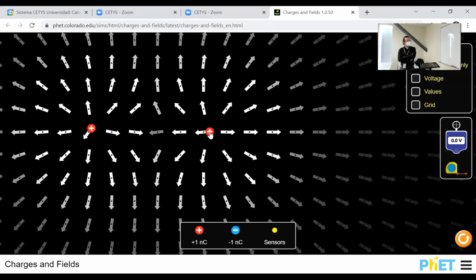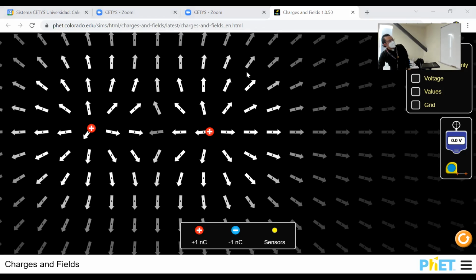They have a line that separates them. Yes, and why is that imaginary line happening? Because equal signs repel. So basically, we're talking about the arrows. Remember that for a positive charge, the arrows are going outwards. And so if I put 2 positive charges, the arrows are going to be going outwards. So what's going to be happening with the arrows? They're going to crash into each other, right?